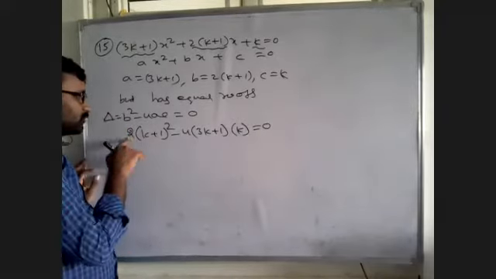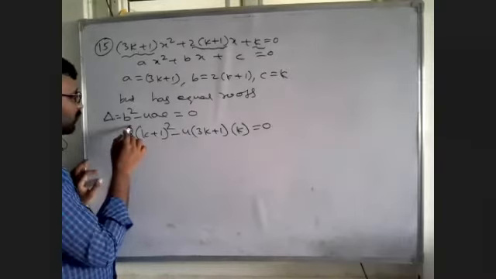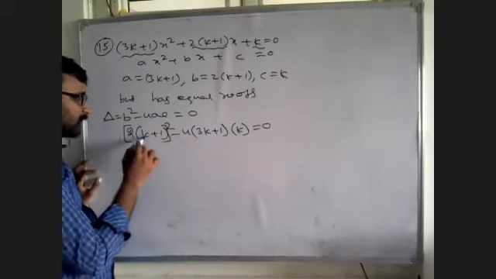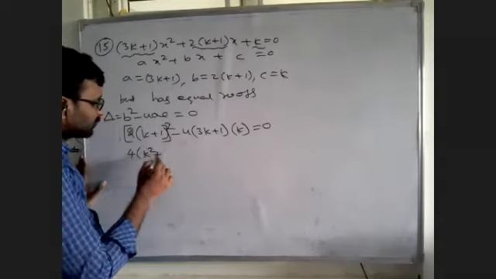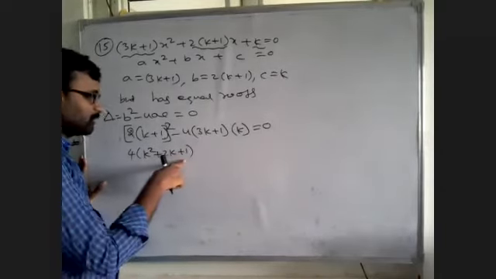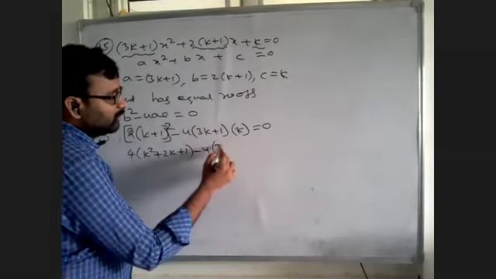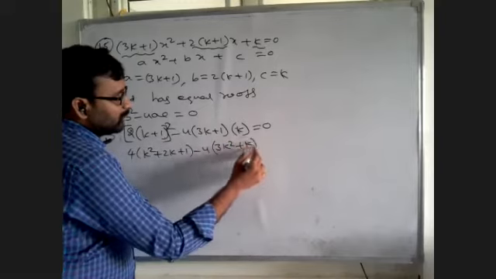Now b square. B means 2 into k plus 1, we have to write whole bracket. Now 2 square is 4 and this is k plus 1 whole square. We have to apply a plus b whole square: k square plus 2k plus 1 square is 1. A square plus 2ab plus b square. Minus 4 into, multiply 3k into k, 3k square, plus 1 into k, plus k is equal to 0.